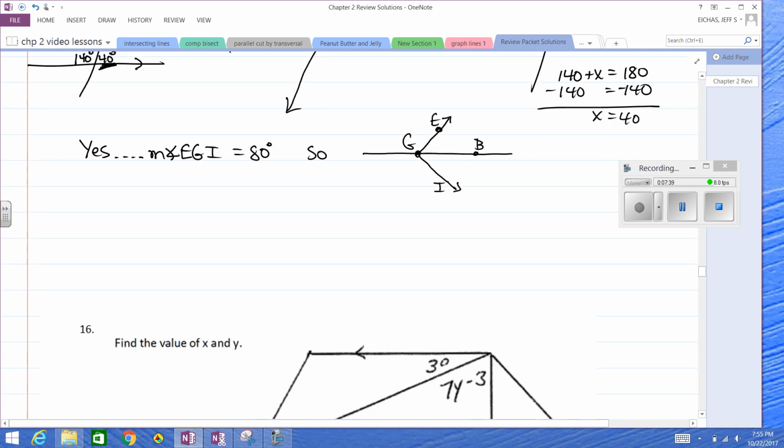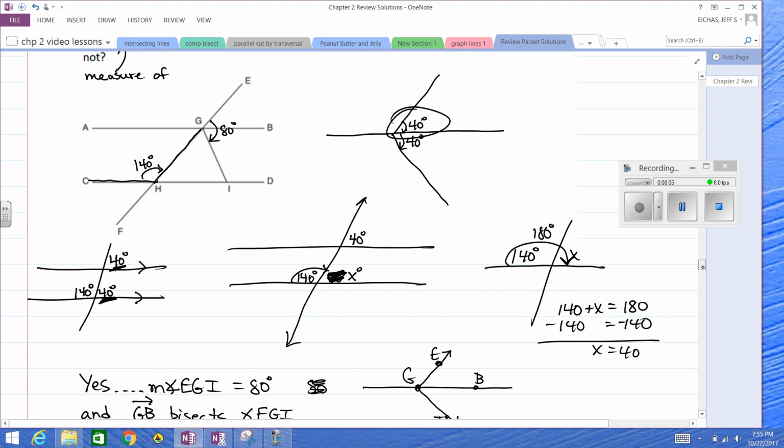Okay, so angle EGI. Measure of angle EGI is there, and it's saying GB bisects angle EGI. So the measure of angle EGB is 40 degrees. All right, we'll just start there for a minute. We got the 40 established, right?